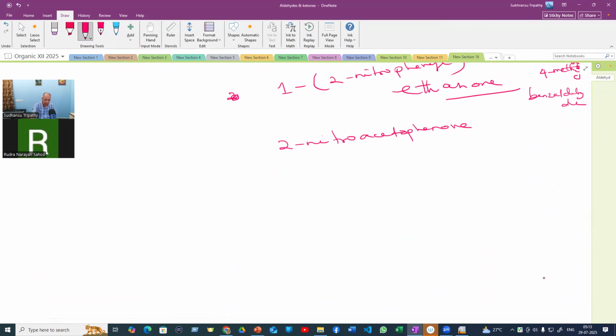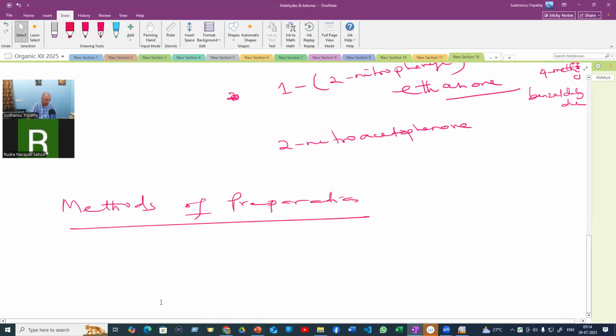When you look at the methods of preparation, many of the methods we already know. Let us list those which we already know. We will not discuss more about that. Number 1 is oxidation of alcohols.